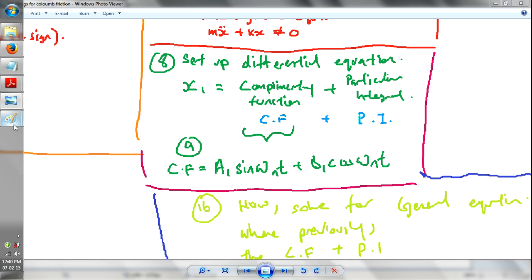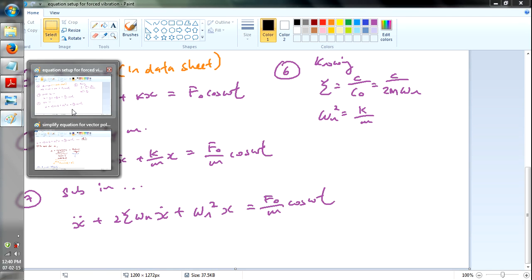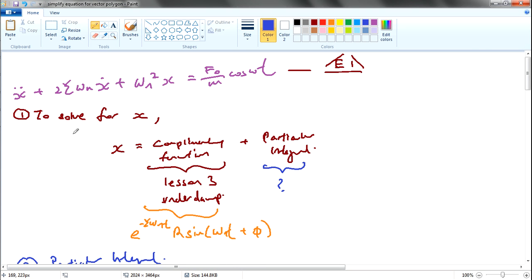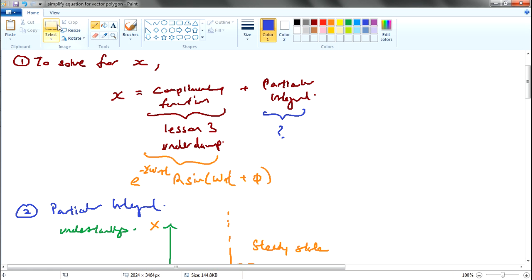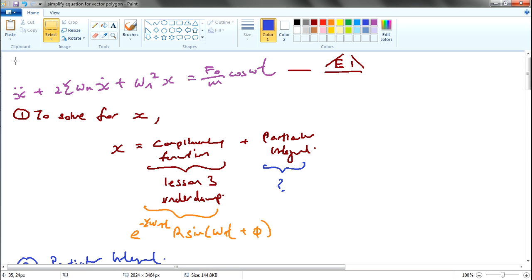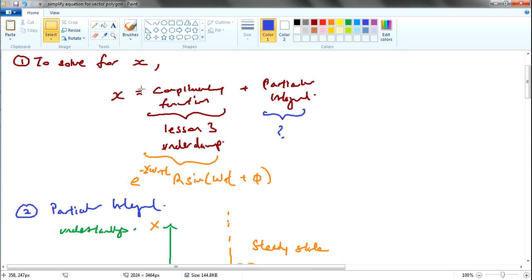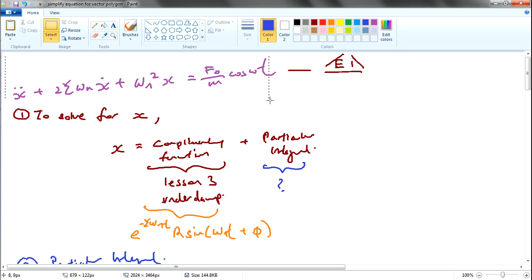However, for our complementary function, we choose the underdamped equation, if you remember. So how does this underdamped equation come from, if you are going to derive a complementary function for this? Hold on a while.